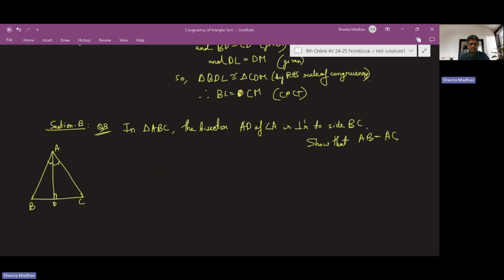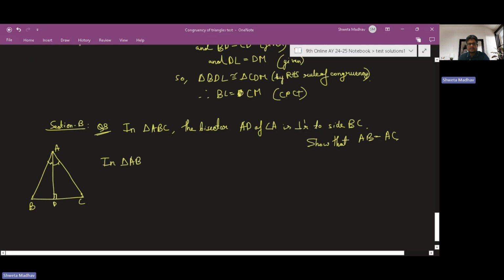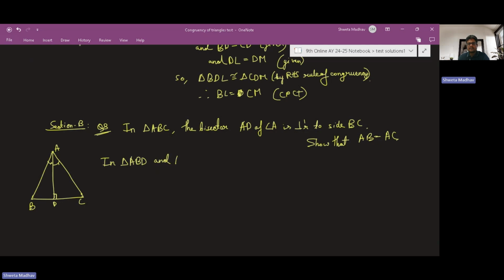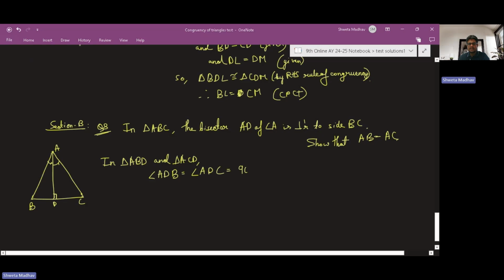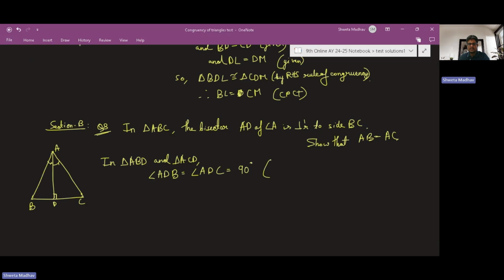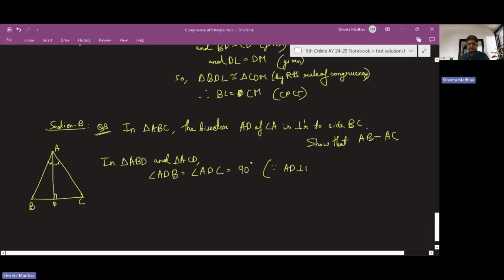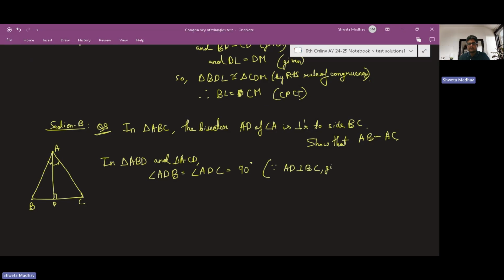So obviously, I would say that in triangle ABD and triangle ACD, angle ADB is equal to angle ADC, since both are right angles, that is 90 degrees, since it is given that AD is perpendicular to BC.